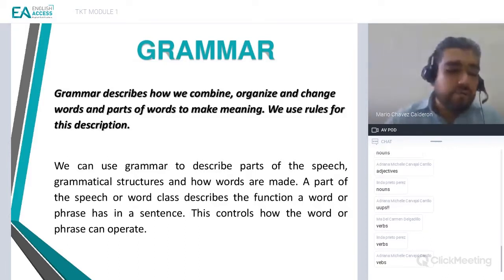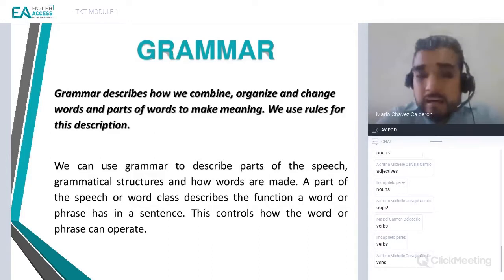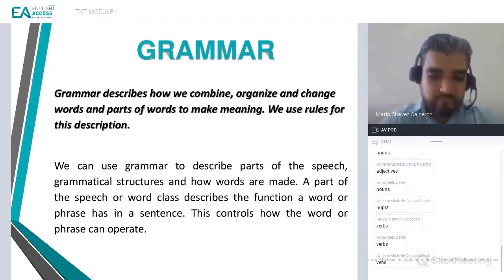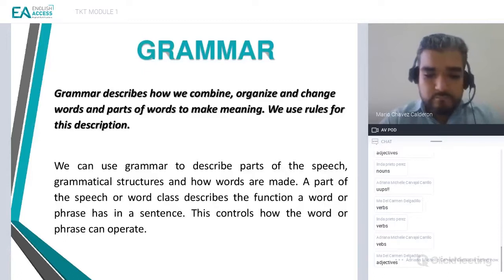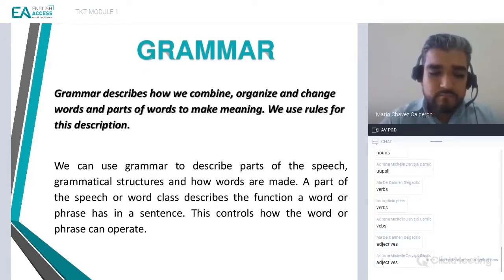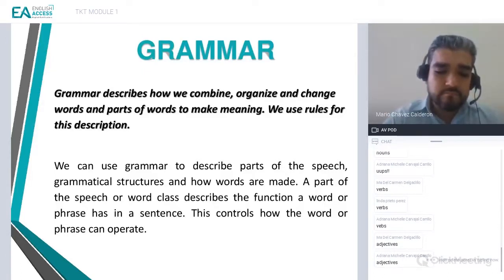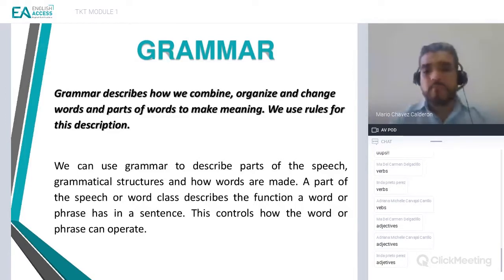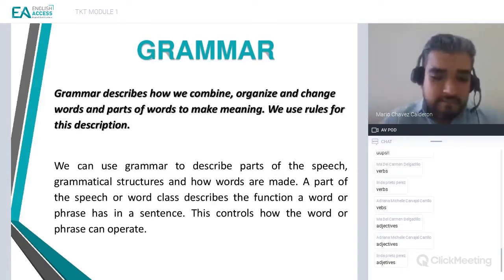Okay, now these are the words that we use to describe the nouns. Yes, ladies, those are the adjectives.